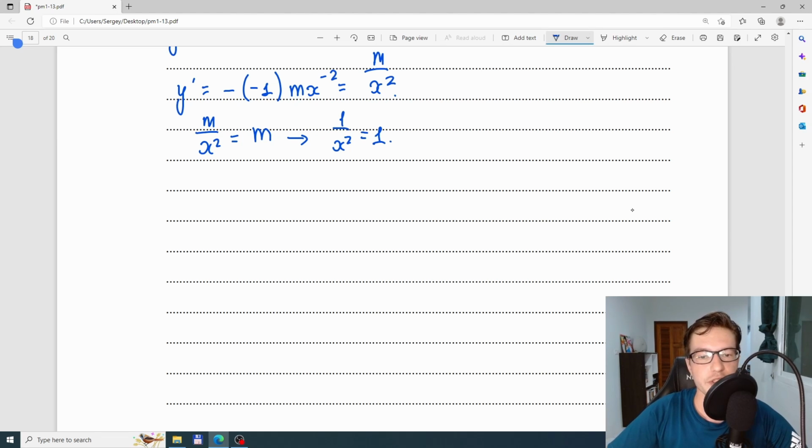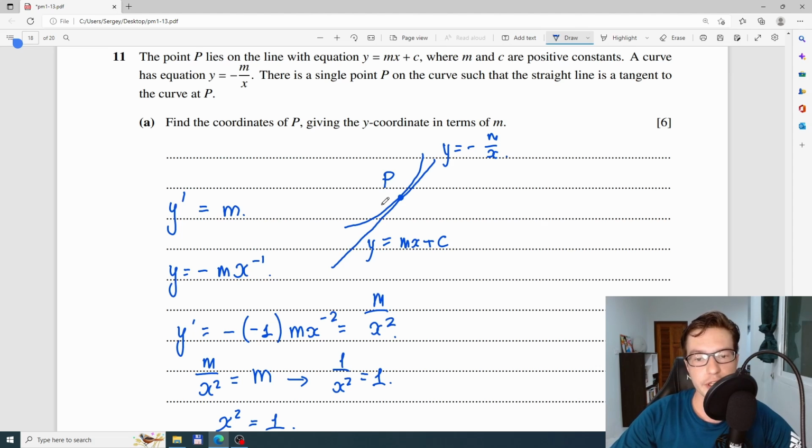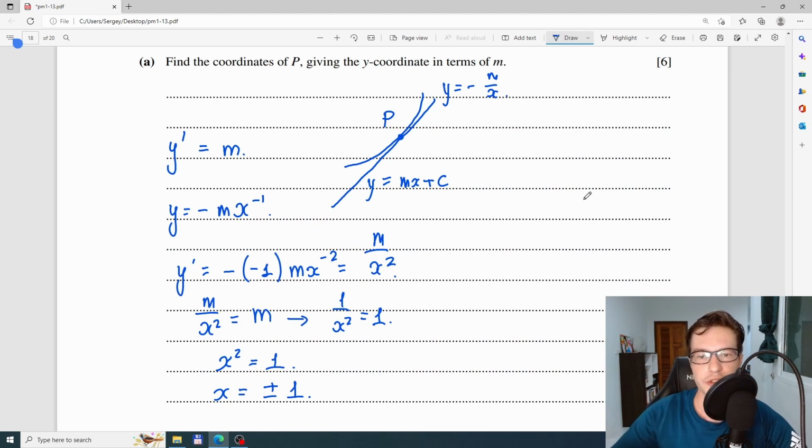Let's multiply both sides by x squared, and we get x squared equals 1. And from here, x must be equal to plus or minus 1. Now the big question is, is it plus or is it minus 1? Now remember, because the curve and the line share point P, that means their x-coordinates are equal and their y-coordinates are equal.